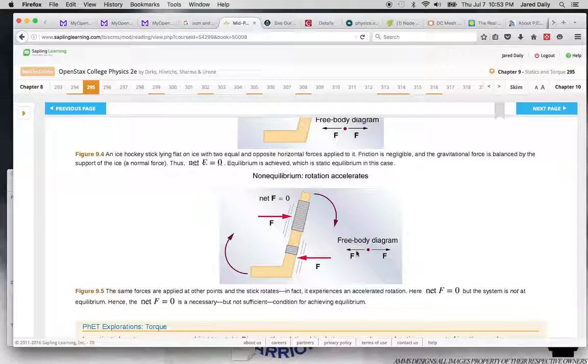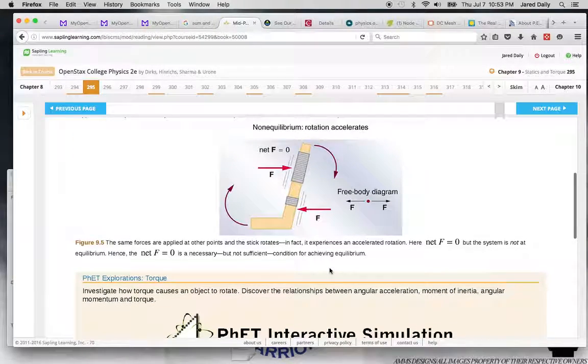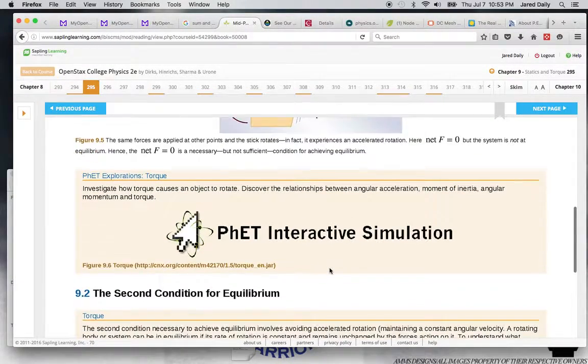It won't push it left or right, but it will cause it to rotate. And this is what we call a torque. So the net force on this hockey stick is still 0 because this force and this force will cancel out, but they will cause a rotation. They won't cause a linear acceleration, but they will cause a rotational acceleration. And so that's what we're talking about when we talk about torque.